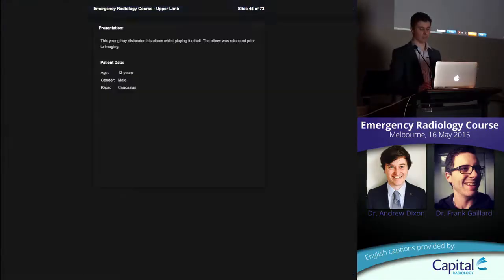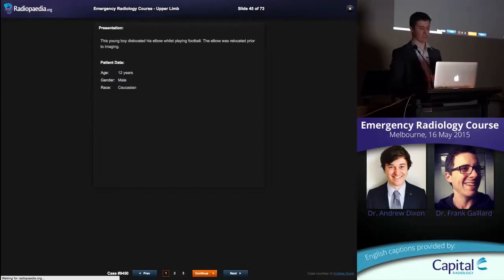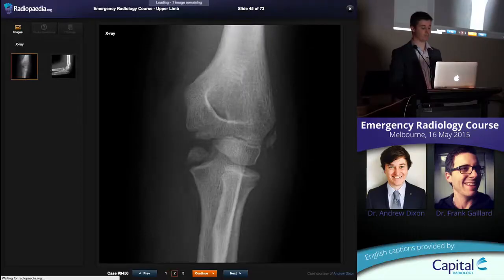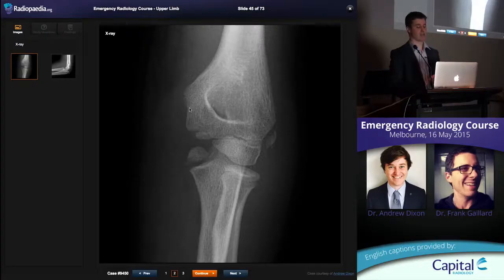Okay. So we'll have a look at this case here. This is a 12-year-old who dislocated his elbow on the football field. They've put it back in, and here's what his elbow radiograph looks like. All right. So if we're going through in order, we're seeing that he has his capitellum here. He has his radial head. Okay, he should have an internal epicondyle, which we're not seeing. We're seeing his trochlea has developed.